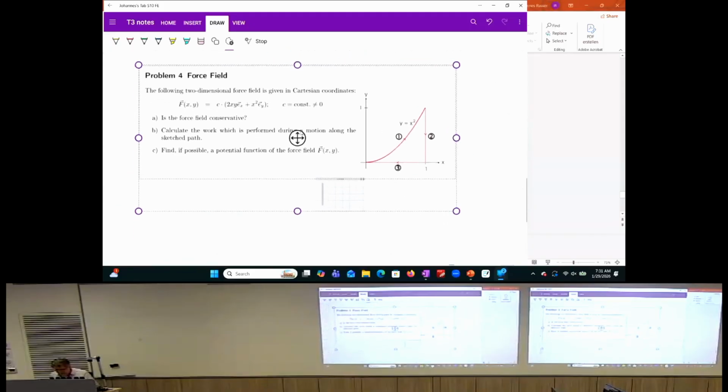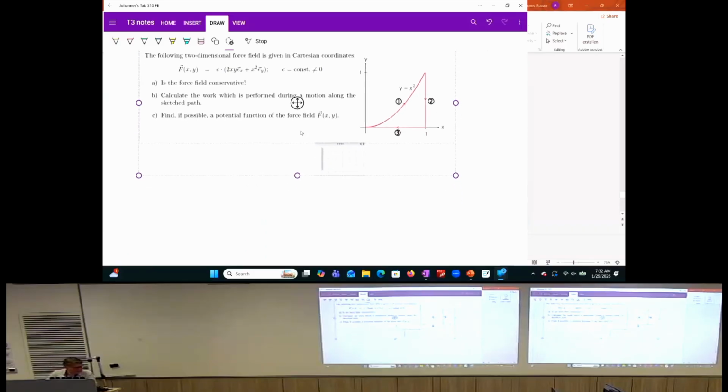The following two-dimensional force field is given in Cartesian coordinates, so the force field is a function of x and y. It is given by a constant c times 2xy as the x component, and the y component is x squared. c is constant. Is this force field conservative?